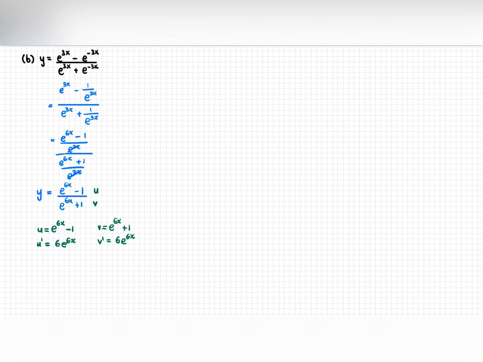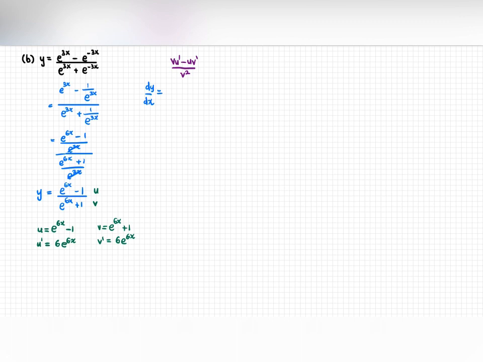Okay, so finally my dy over dx now will be, masih lagi guna benda yang sama kita akan gunakan rules vu prime minus uv prime divided by v squared. Okay, I'm still going to use this formula.